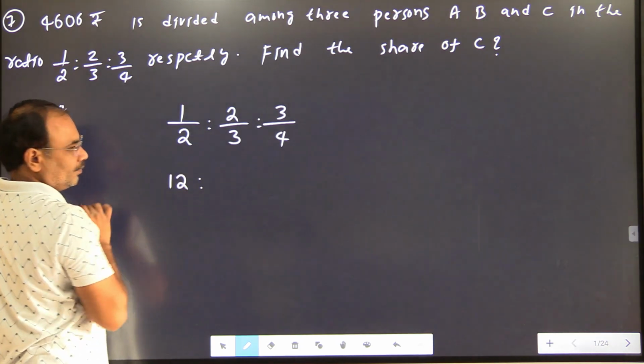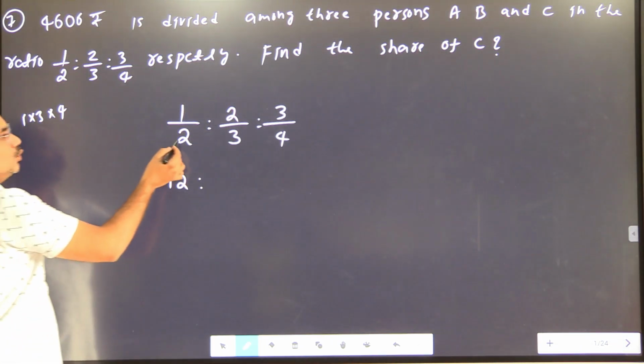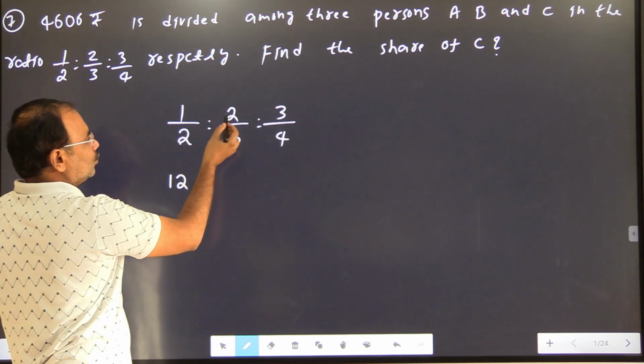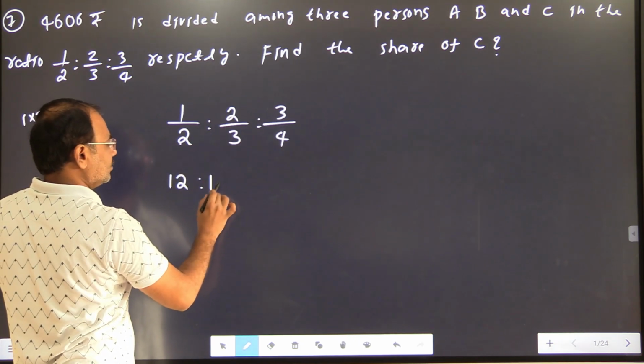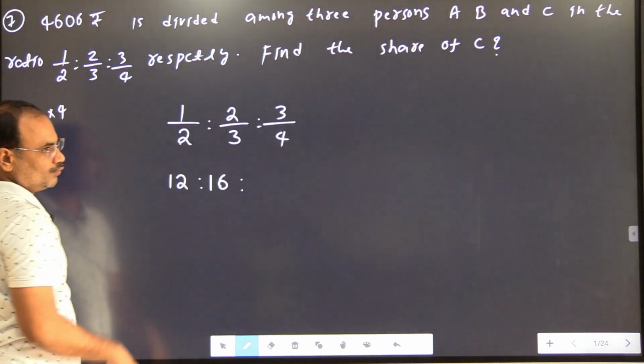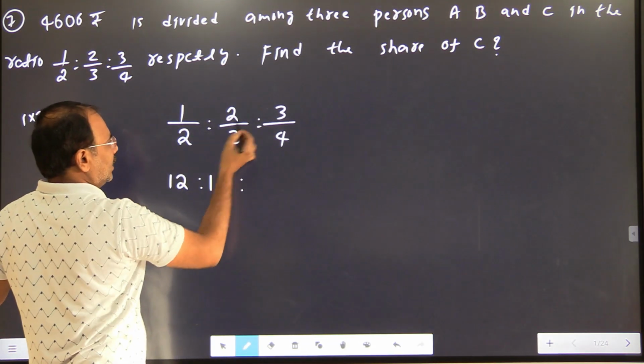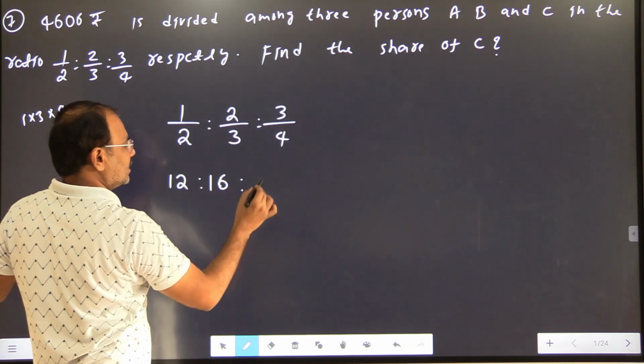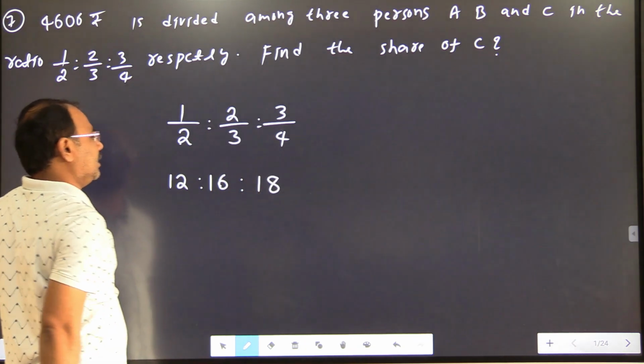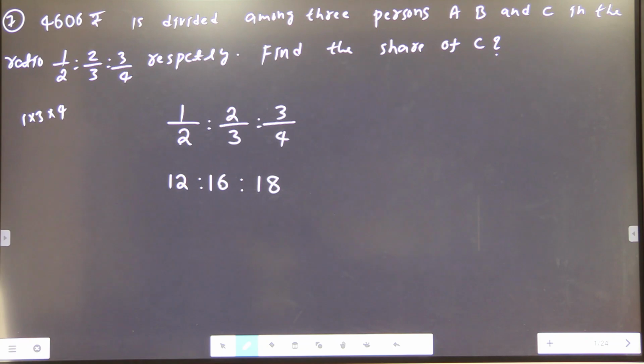This is the first term. And what is the second term? 2 into 2 into 4: 2 into 2, 4, 4 into 4, 16. Then what is the last term? 3 into 3 into 2: 3 into 3 is 9... 2 into 3, 6, 6 into 3 is 18. So this is the last term.